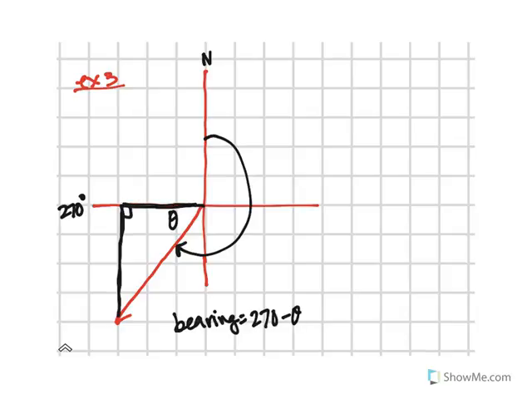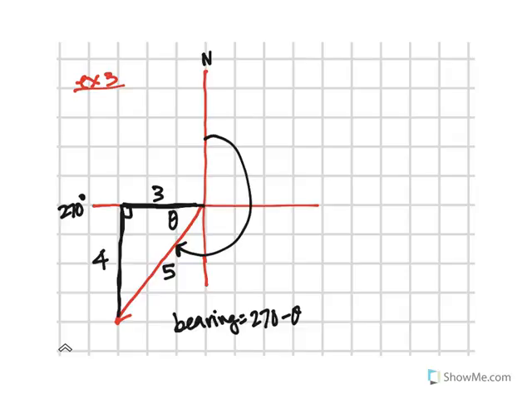So I can just count. Right here the distance is 3 and this distance is 4. So it's a 3, 4, 5 triangle. And now I can find that angle. I didn't even need to know that that was 5.